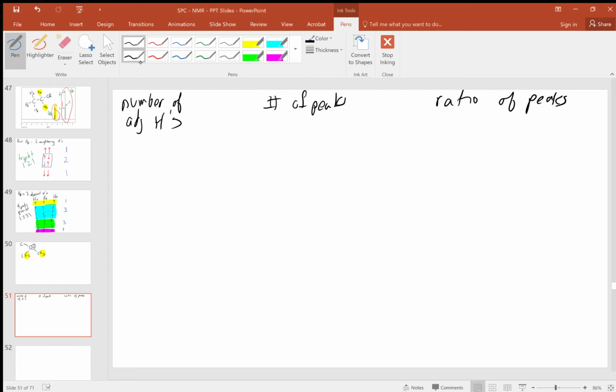So if we have no adjacent hydrogens, that gives us just 1 peak, or what we call a singlet. And it's hard to talk about a ratio to itself, so we'll just say the ratio is 1.